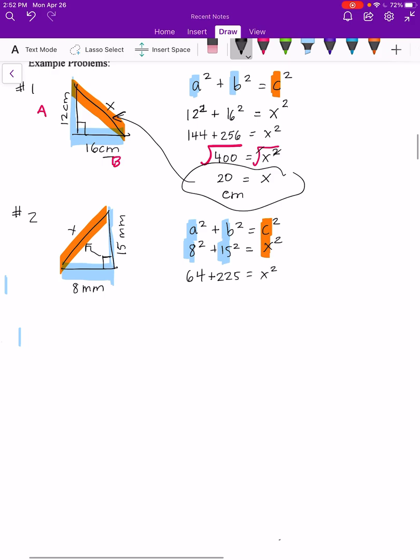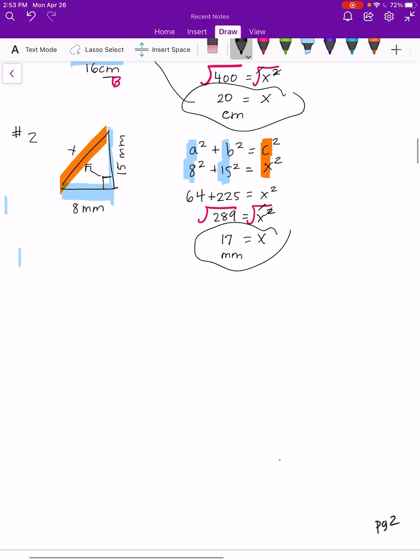And that equals X squared. 64 plus 225 is 289 equals X squared. Got to undo the squared by taking the square root. Those cancel each other out and leaves you with X. And the square root of 289 is 17. Throw on a label, and we're talking 17 millimeters.